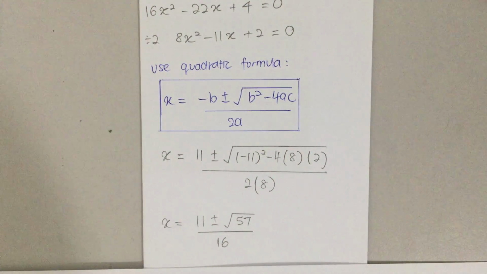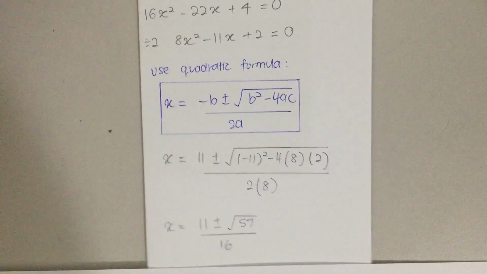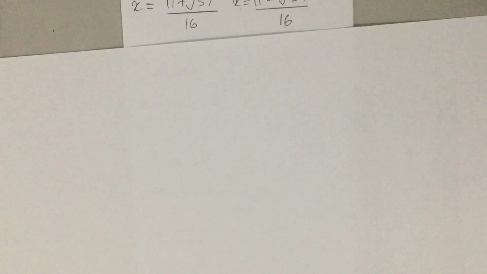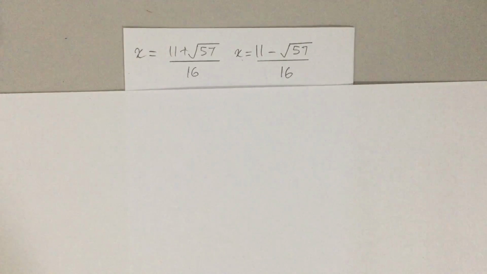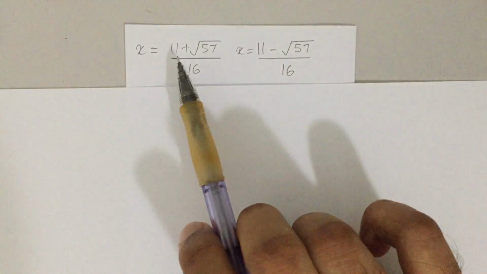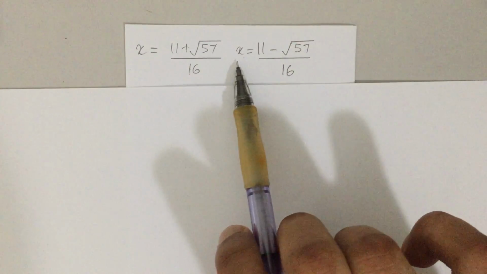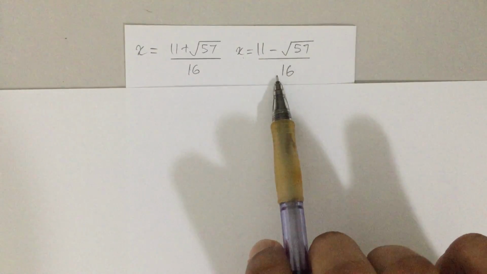Alright guys, I'm going to show you the remaining working on the next page. Okay, x equals 11 plus square root 57 over 16, and x equals 11 minus square root 57 over 16.